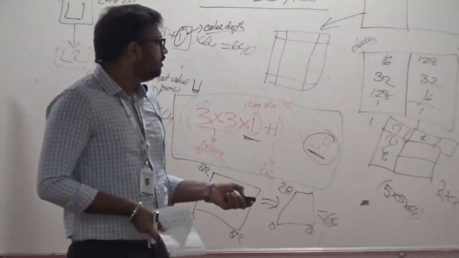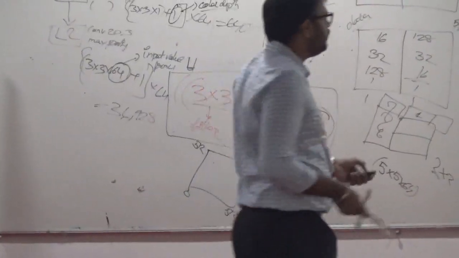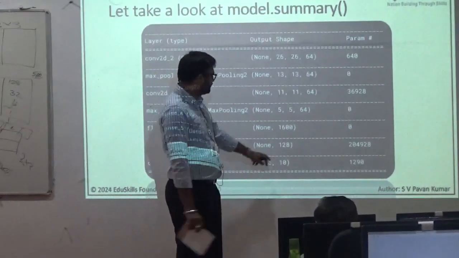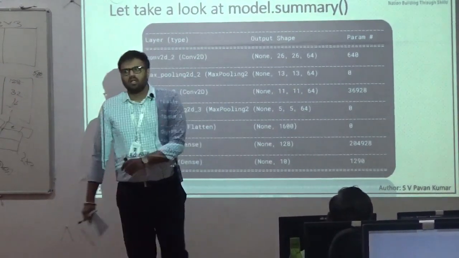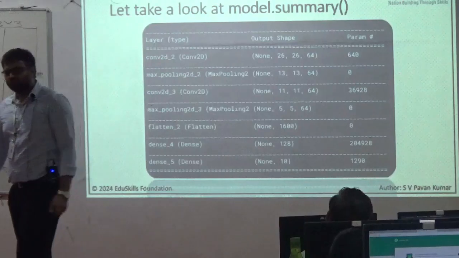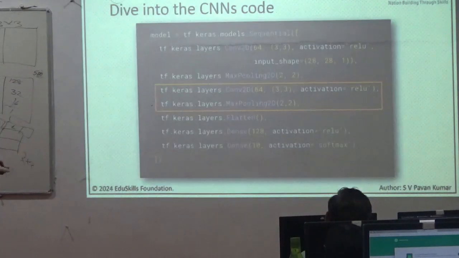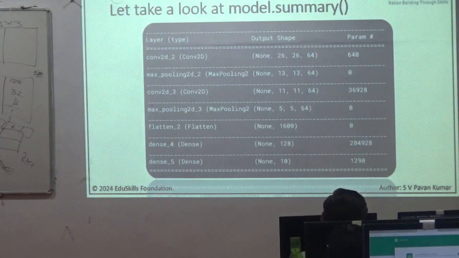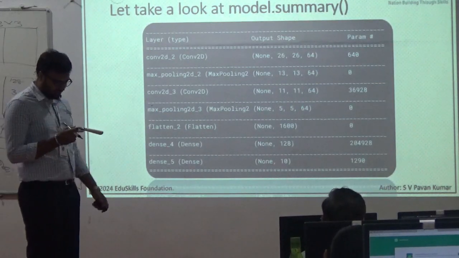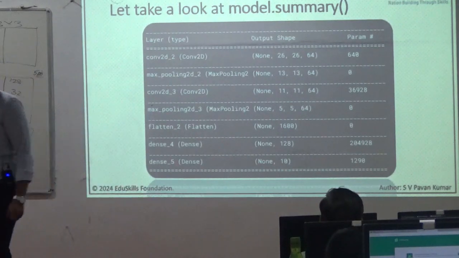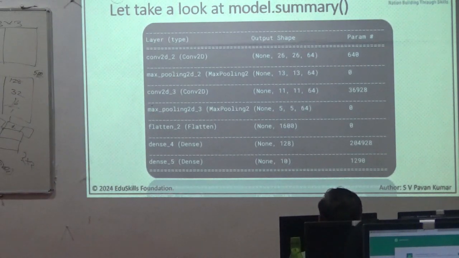Next, we are coming to the dense layer. Why did 128 come up? 128 because we wrote it in the code itself: 128 neurons. Now you people tell me how I got that number. It's 1600 plus 1 into 128.